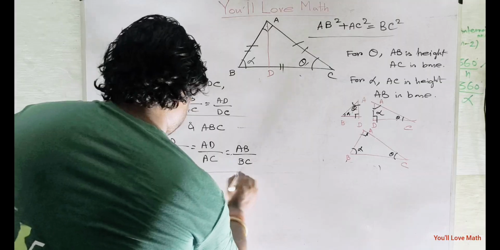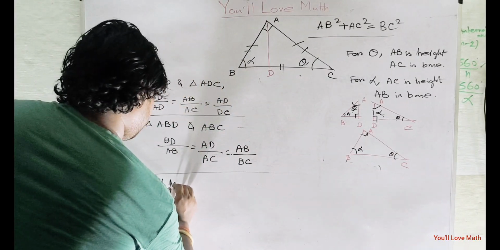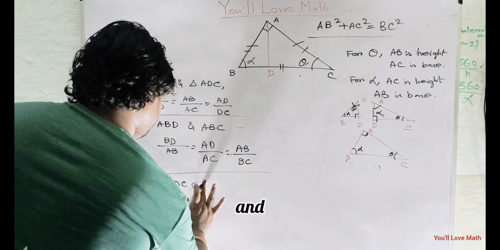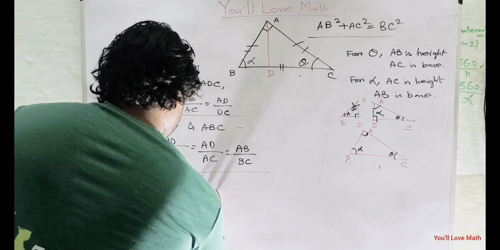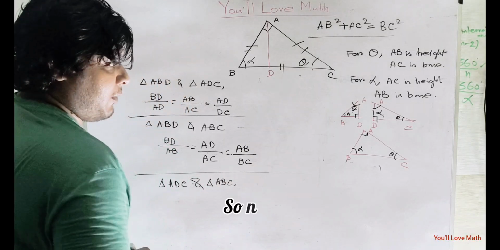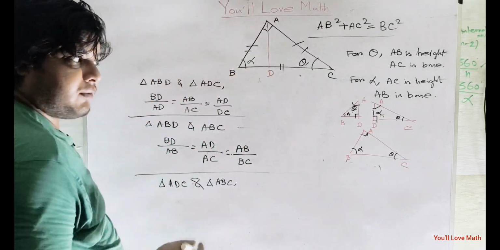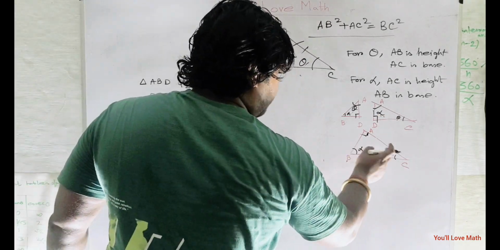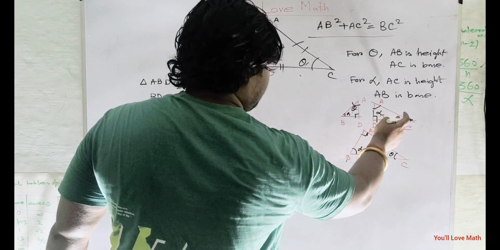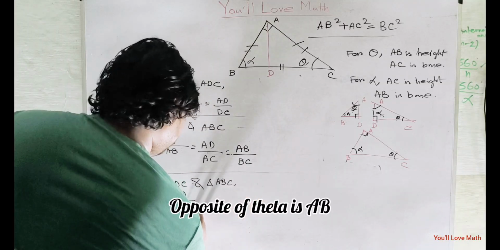Now from triangle ADC and from triangle ABC, we have alpha, alpha, theta, theta, 90, 90. Opposite of theta is AD, opposite of theta is AB.